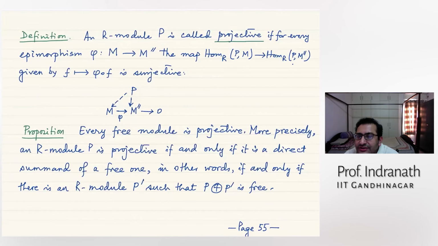Basically, once again, please get used to this language. It will be essential. I have one map given by F circle G, and another map is the identity map. Similarly, I have one map given by G circle F, and the other is the identity map. This is exactly what the meaning is, because henceforth we will not be saying this definition again and again. This is just the beginning.